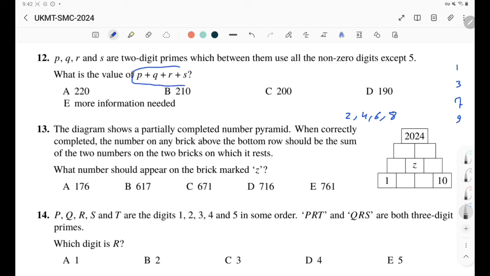The question is find P plus Q plus R plus S. So if we want to simplify the sum of these numbers, it really actually doesn't matter, because when you add numbers, you add just the units, and then you add the tens and multiply that by 10. So basically the answer is 1 plus 3 plus 7 plus 9, plus the sum of these, 2 plus 4 plus 6 plus 8, times 10.